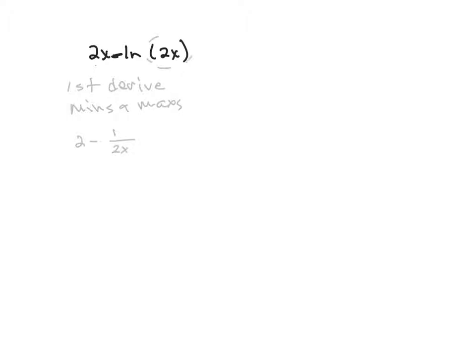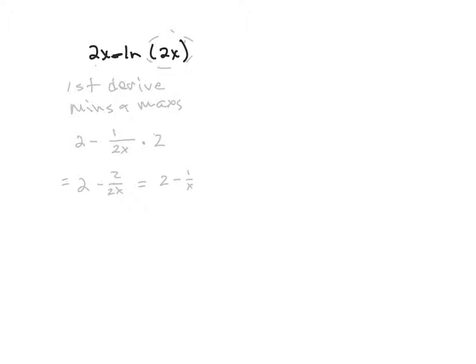Anything in parentheses is an inside function, times the derivative of your inside function. The inside function again is 2x, so I'm going to take the derivative of 2x, which is 2, and I can simplify that down to 2 over 2x, which is the same as 1 over x. Okay, so that's the derivative: 2 minus 1 over x.